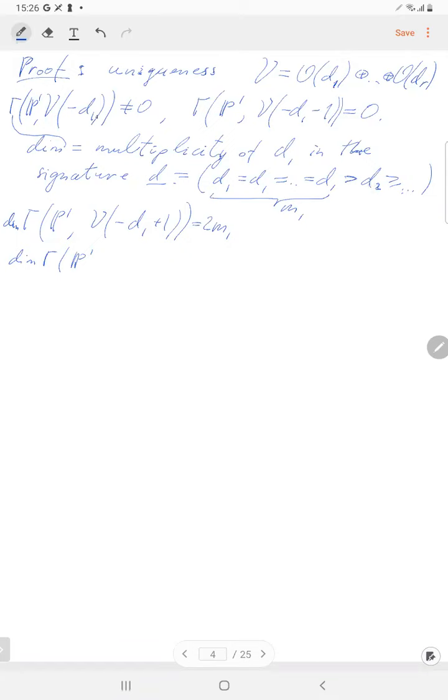How should I denote it? Maybe like this, multiplied by two, because the dimension of gamma of P1 of 1 is 2. That's why I multiply by 2.